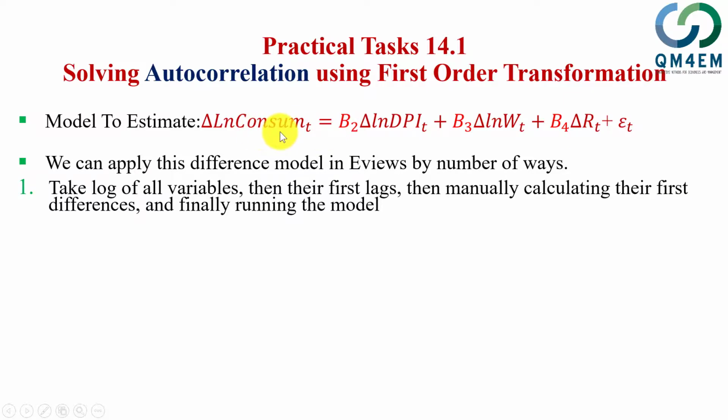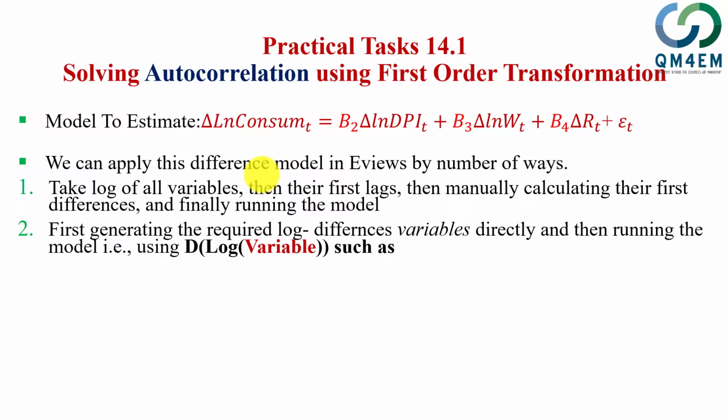In a way, I derive these four variables separately by doing each step individually, formulating these variables and then finally running the model. So that's the first way of doing it. The second way is that I can directly generate the required log differences variable by running this formula. In this formula, log of variable will take the variable's log value.